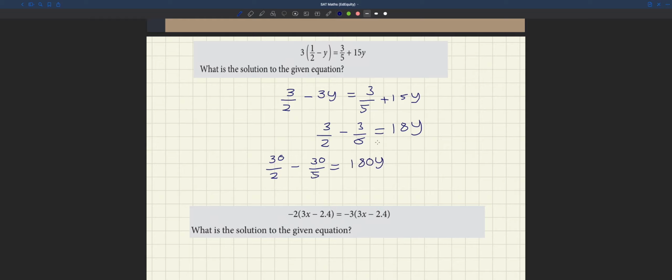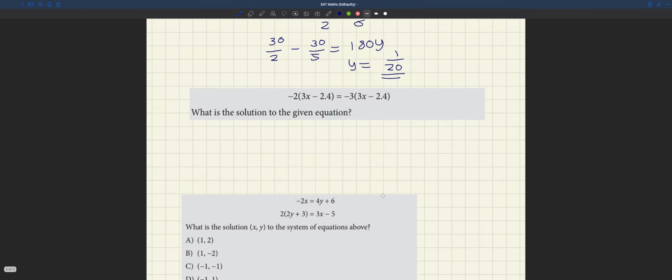We have to remember that we need to multiply both sides by 10. This can then be simplified to 15 minus 6 equals 180y. So therefore, if we solve for y, we get y equals 1 over 20. So this is the solution.